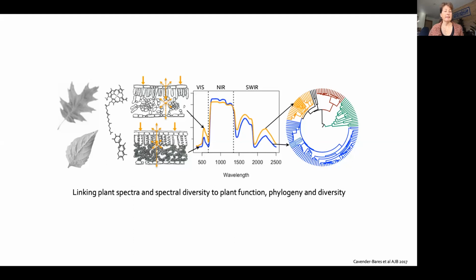The basic idea is that light interacts with plants in a way that reveals a great deal of information about plant function and the chemistry, the anatomical structure, and many attributes of phenotype that are then linked to phylogenetic genetic information.